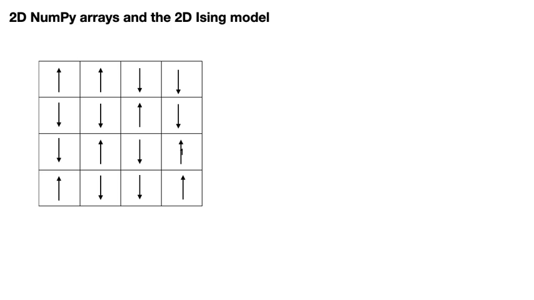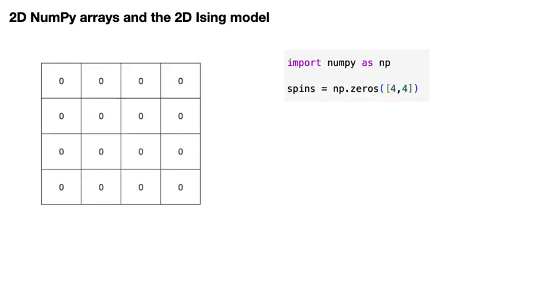There will be one element in this array for each of the spins here. These elements will be allowed to equal 1 or minus 1, they will be set equal to 1 if the corresponding spin is in the spin up state, and will be minus 1 if the corresponding spin is in the down state. We can create a NumPy array that could be used to store this microstate by using the command shown on this slide.